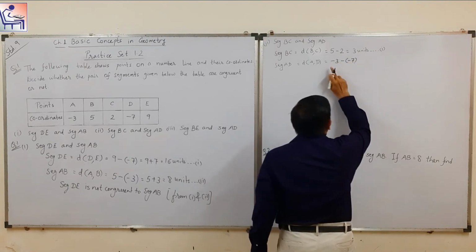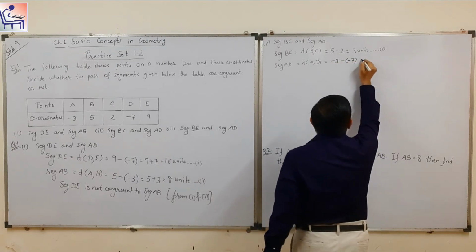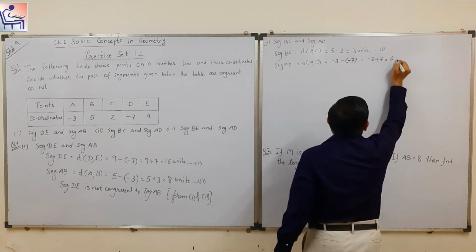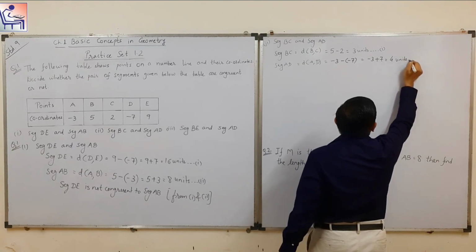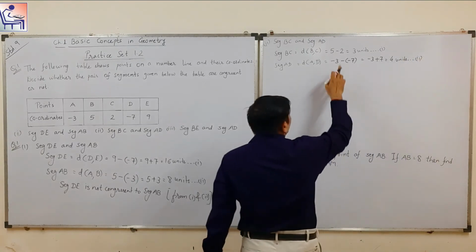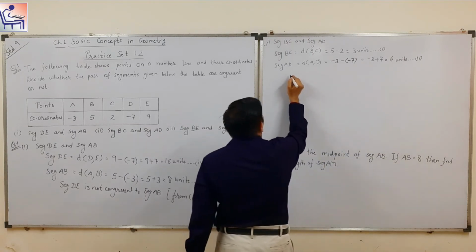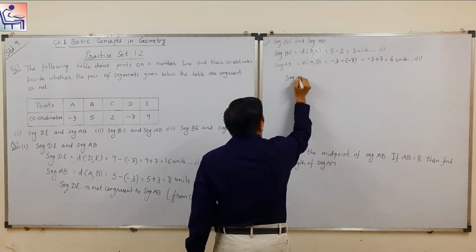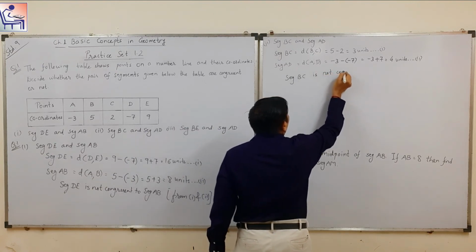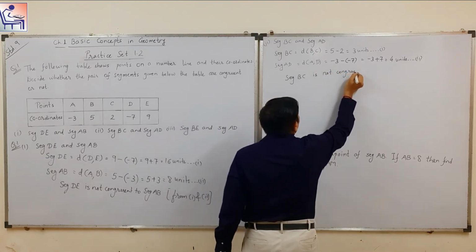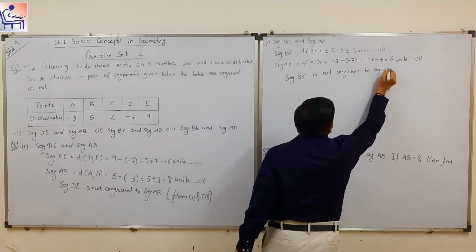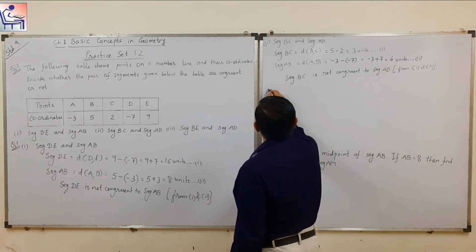So -3 minus -7 is equal to -3 plus 7, which is equal to 4 units. Here again both are different, so I will say that segment BC is not congruent to segment AD.